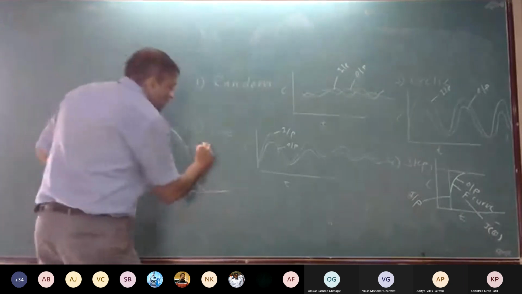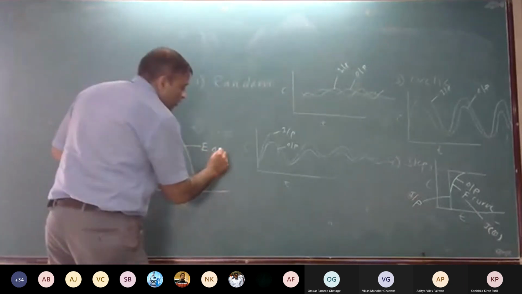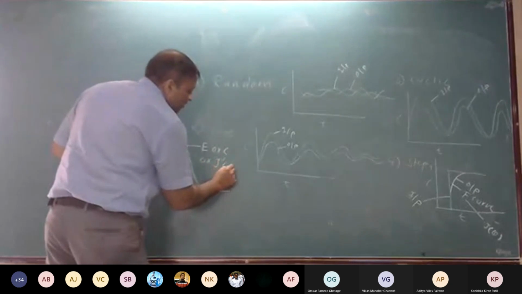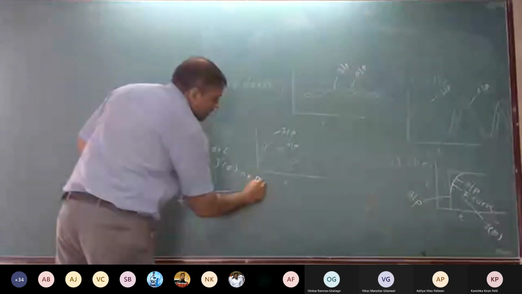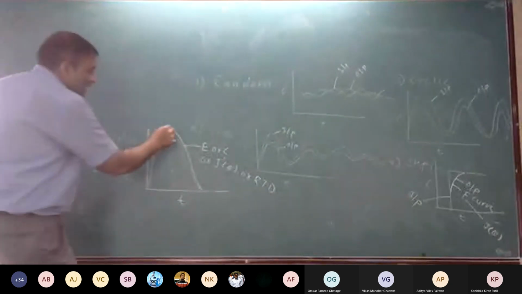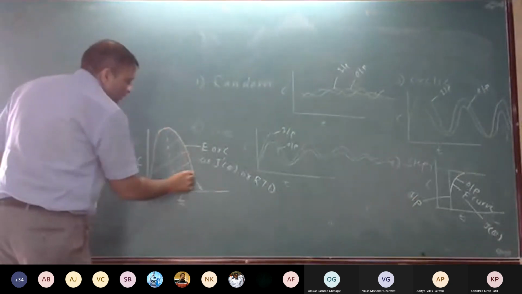This curve is known as the E curve or C curve or J dash theta curve or RTD curve. Generally the area under this curve is equal to 1.